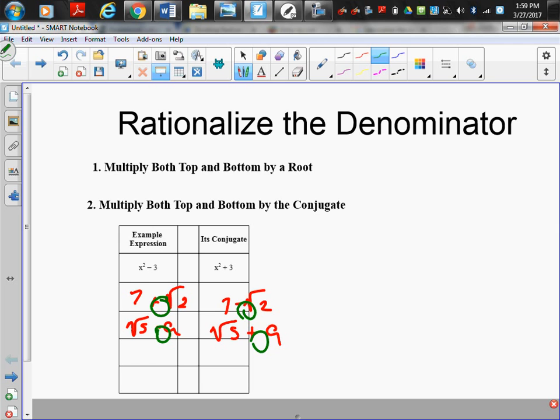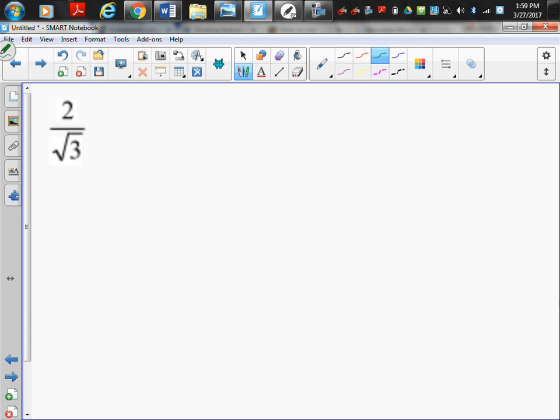Alright, so let's look at some examples. 2 divided by the square root of 3. Can I do a conjugate on this one? No. It's not adding or subtracting. So all I do on this is multiply numerator and denominator by the square root of 3.